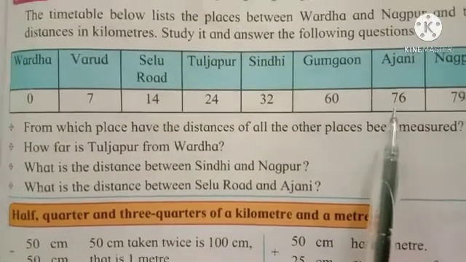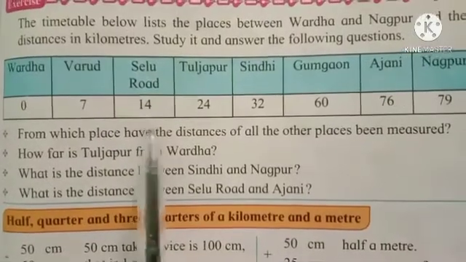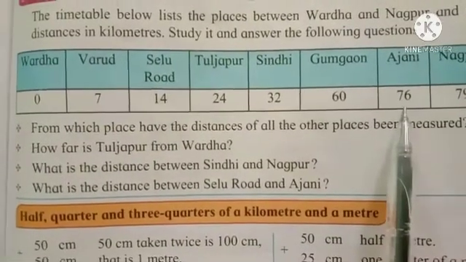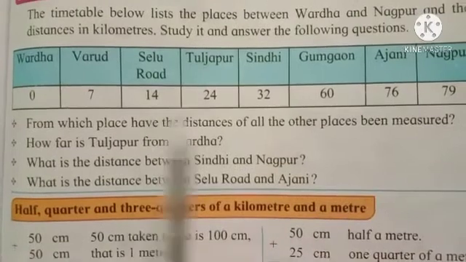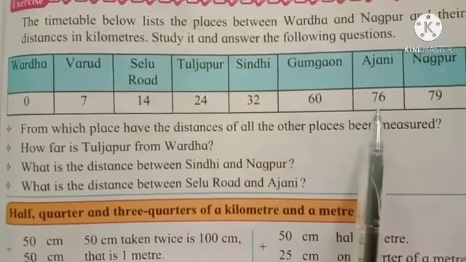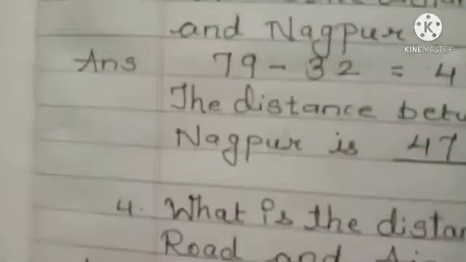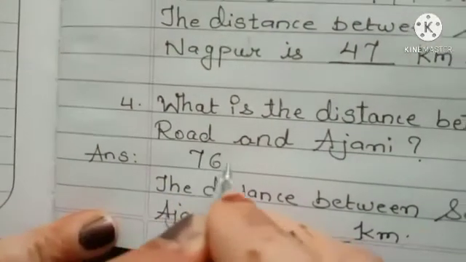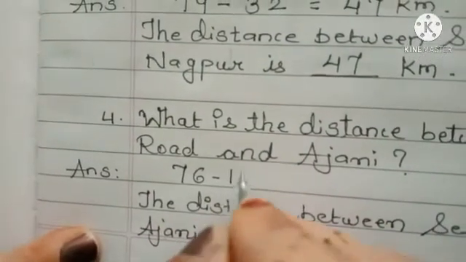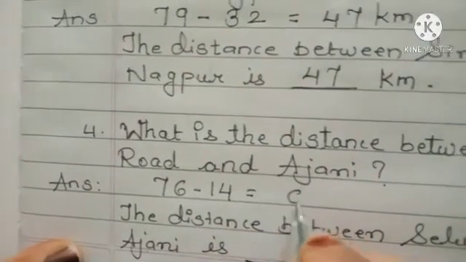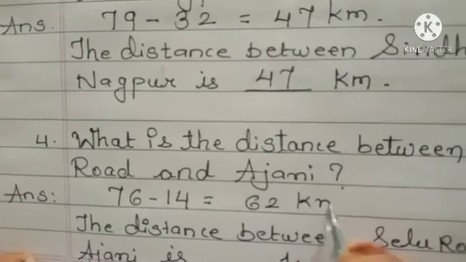Then we will subtract the distance of Selu Road from Ajni. So we'll subtract 14 from 76 kilometers. So see here, we will write 76 minus 14, that is equal to 62 kilometers.